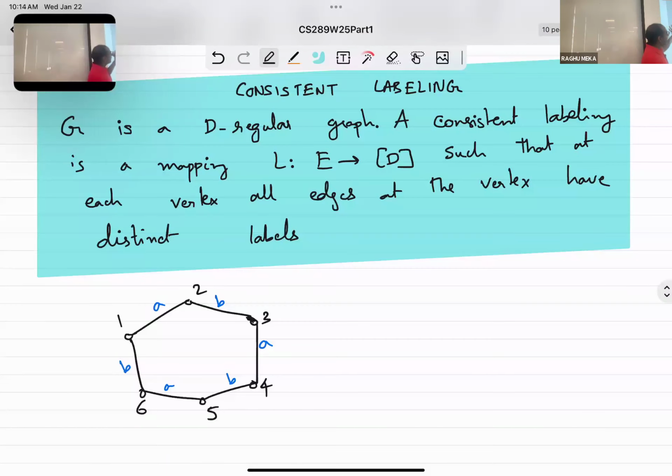We'll consider a slight generalization of this later on, but for now, this is enough to understand the basic definition of zigzag. When we have to do the analysis, we have to consider a slightly more complicated definition. Okay, so this is a consistent labeling. There's a question: what does D mean? This is just the set 1 through all the way up to D.